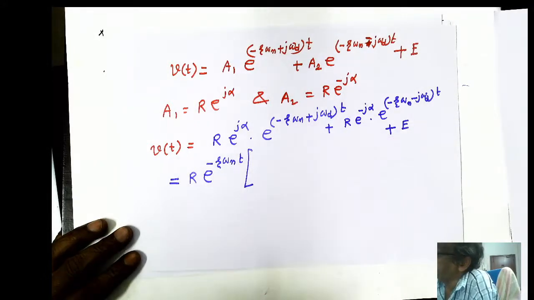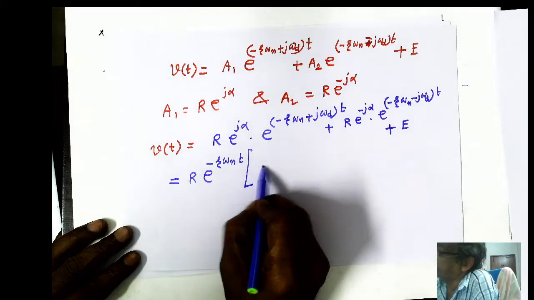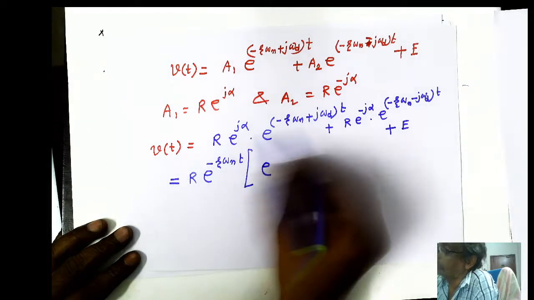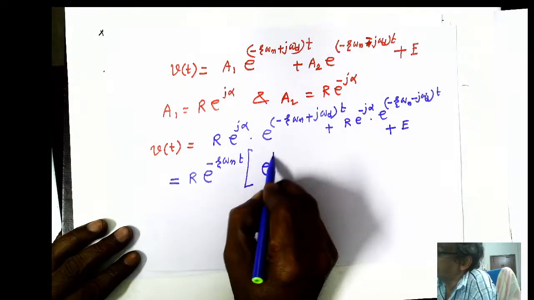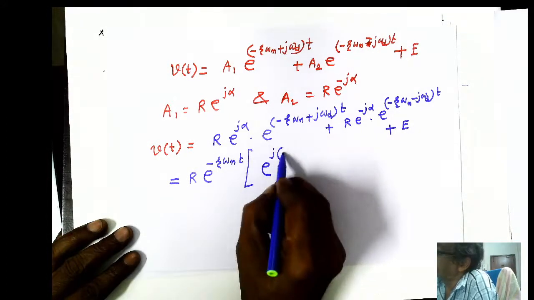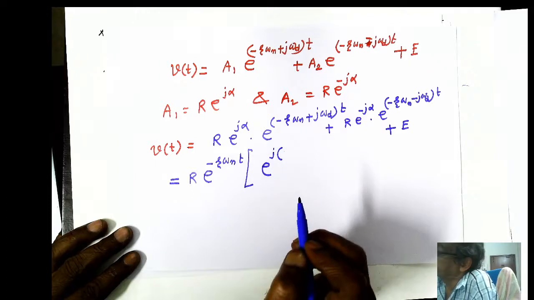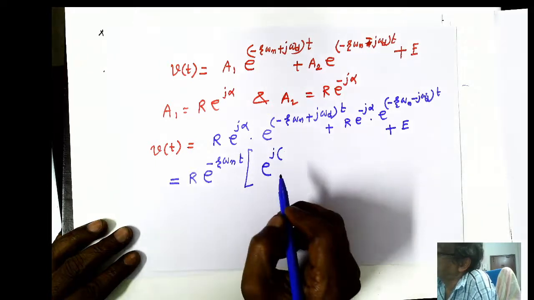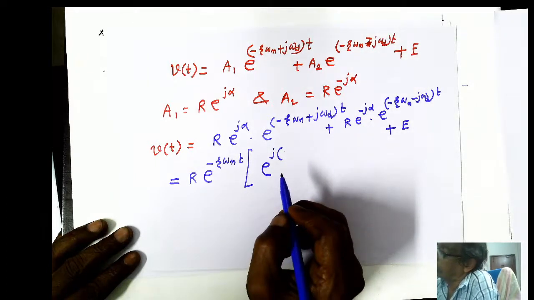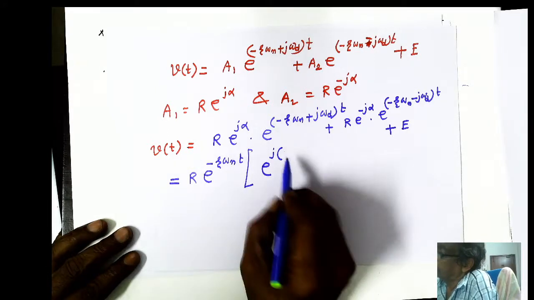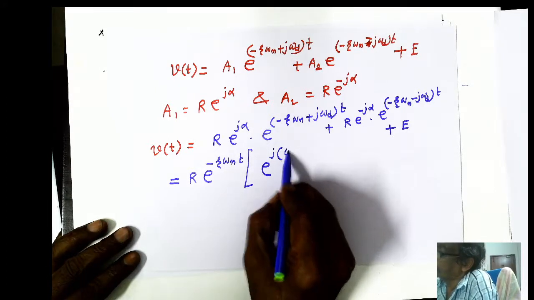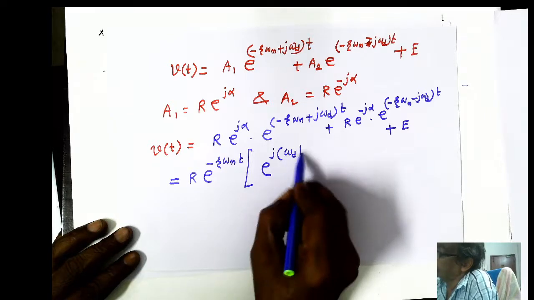And here you will be left with the e raised to the power j terms, which will be equal to j into omega d t plus alpha.